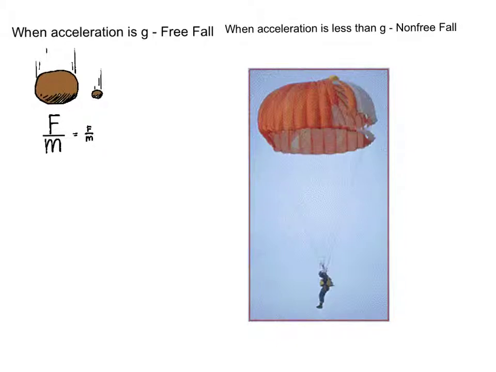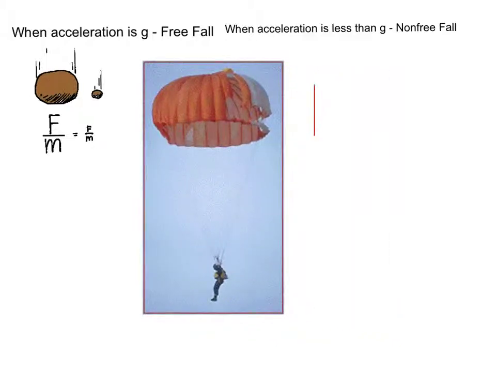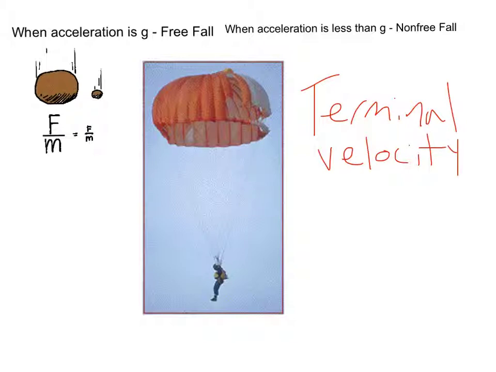When we have upward forces of air resistance, we end up getting to a point where the object can no longer accelerate anymore, and we reach what's called terminal velocity. Even the rocks over here, given enough space, given enough height, will eventually reach a terminal velocity.